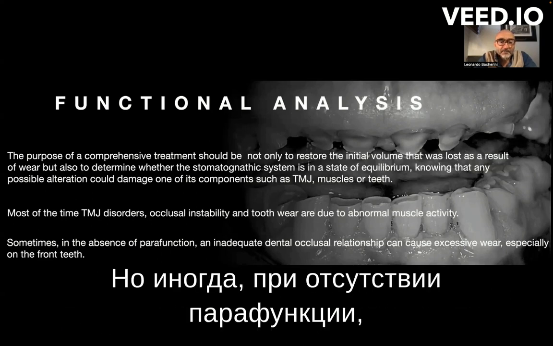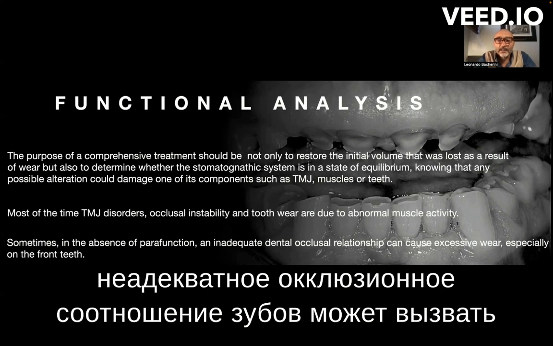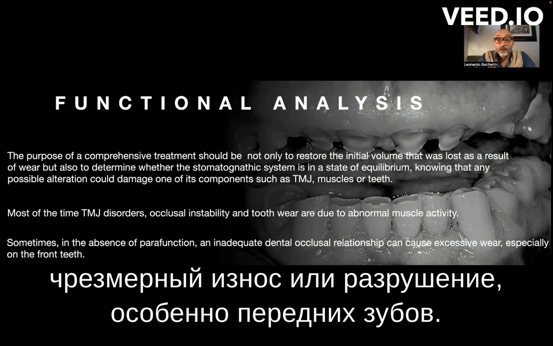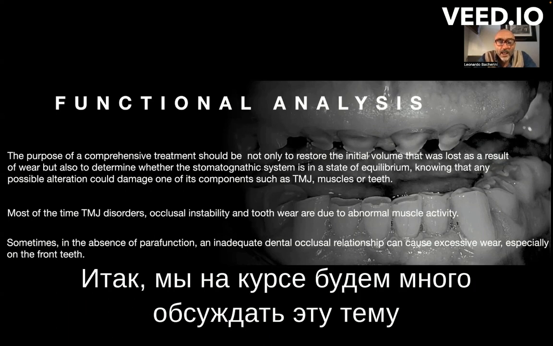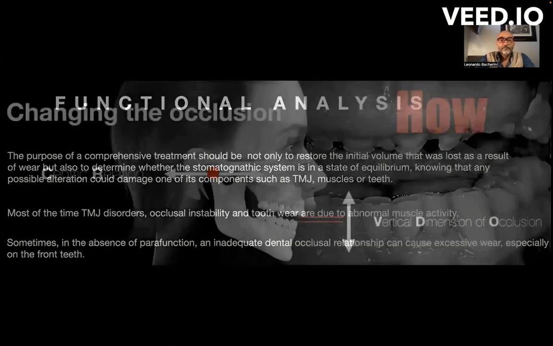But sometimes, in absence of parafunction, also some inadequate dental occlusal relationship can cause excessive wear or failures, especially in the front teeth. So we will discuss a lot about this topic.